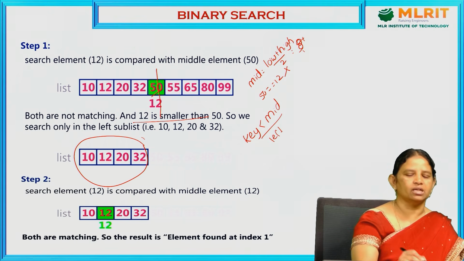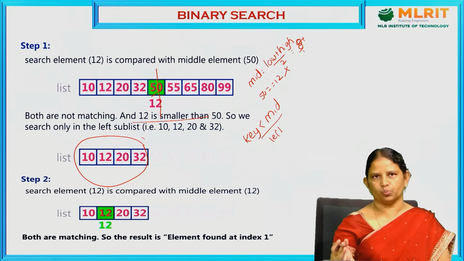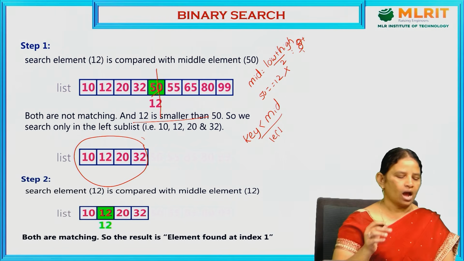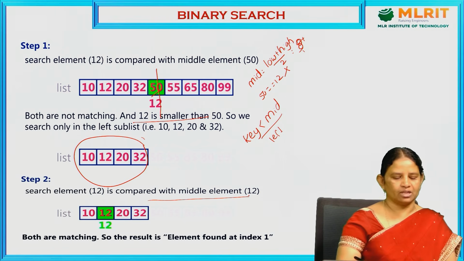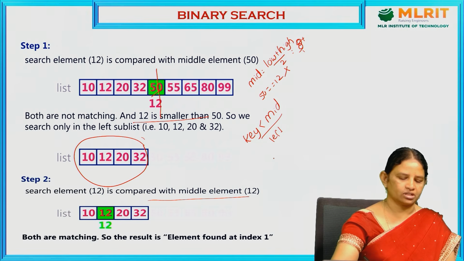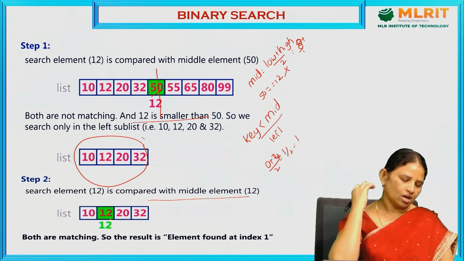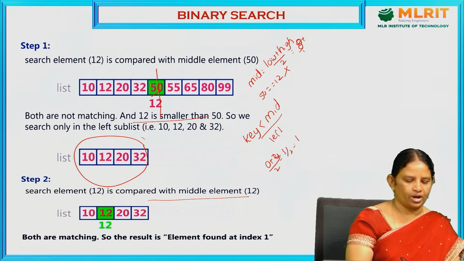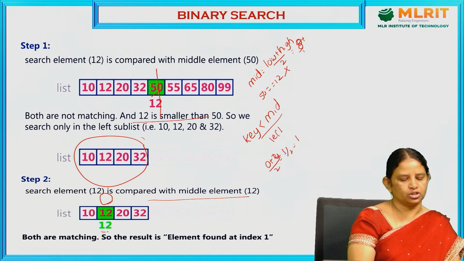Based on the mid, we divide the list into two parts, left part and right part. Again, the search element is compared with the middle element. Total how many elements are there? 4. So that is 0 plus 3, which is 3 by 2, and we get 1. So the first position is to be compared. The element in the first position is 12.